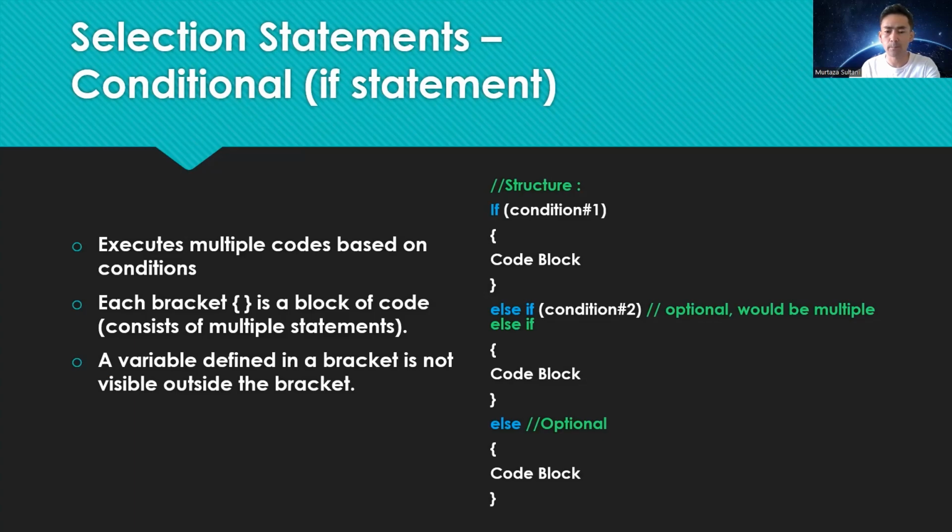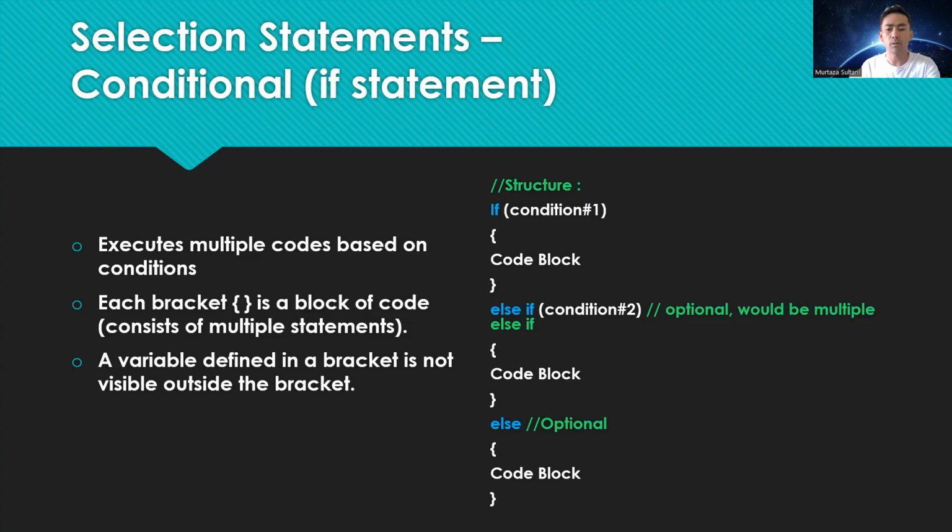We may have multiple else if conditions, as many as we need, and they are optional. So there might be 3 or 4, depending on the conditions. Then we may have the keyword else, which is also optional, followed by a code block inside brackets.